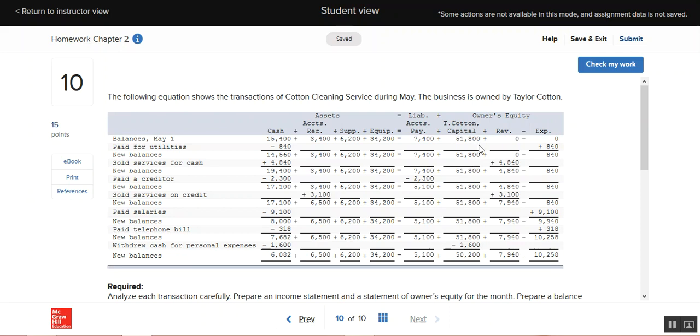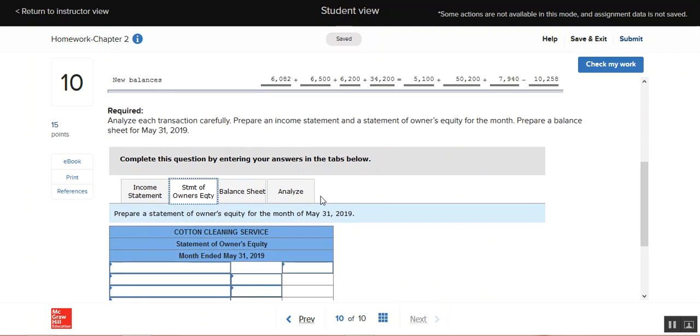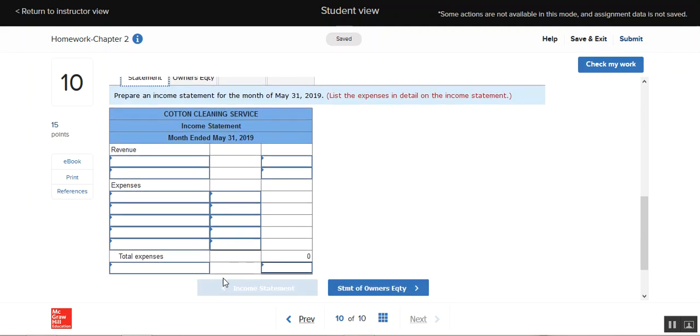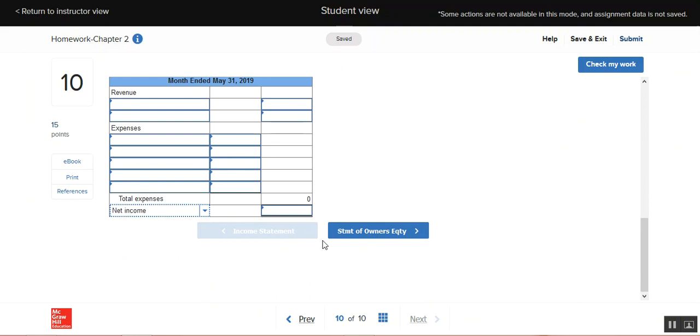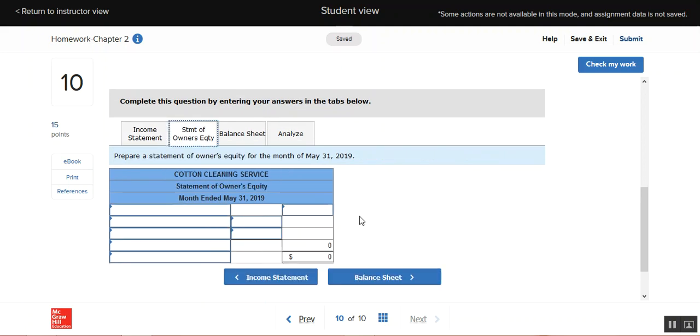The next thing you're going to do is add the net income or subtract the net loss. That is actually where the owner's equity statement ties to the income statement. So you would have to go back to the income statement and find the net income, which is probably there. If it's a net loss, it would be a subtraction. But find this amount here, and then it goes over here. So we're going to probably add net income.